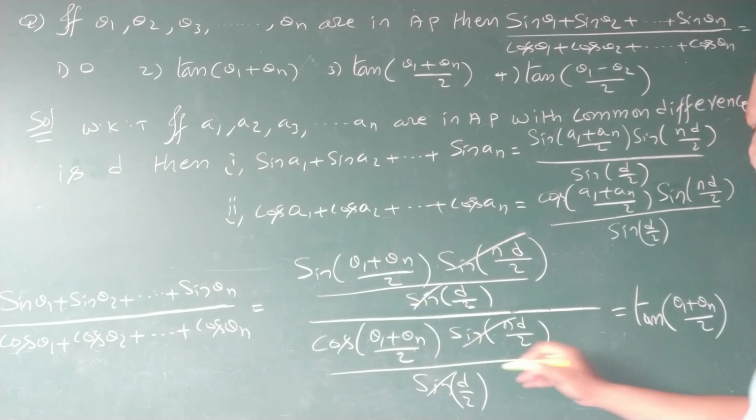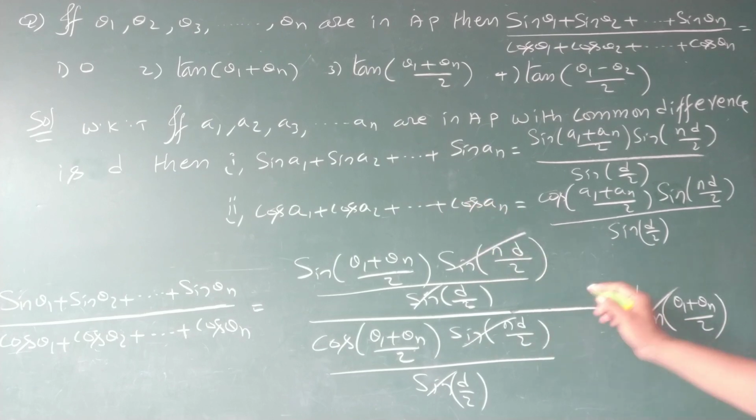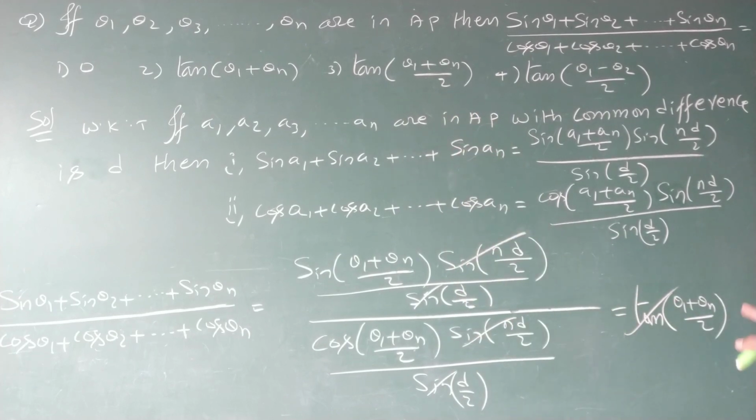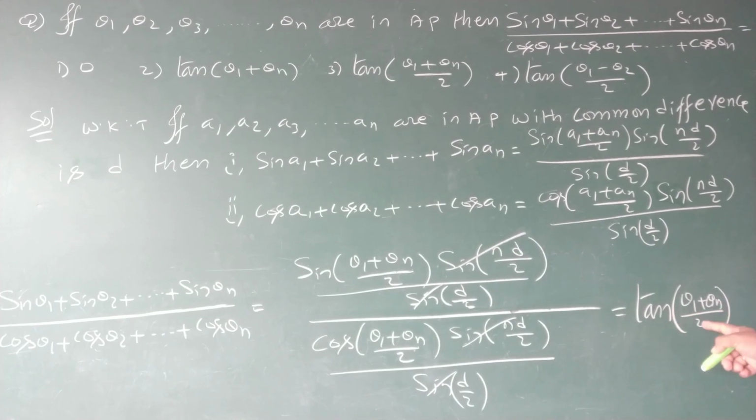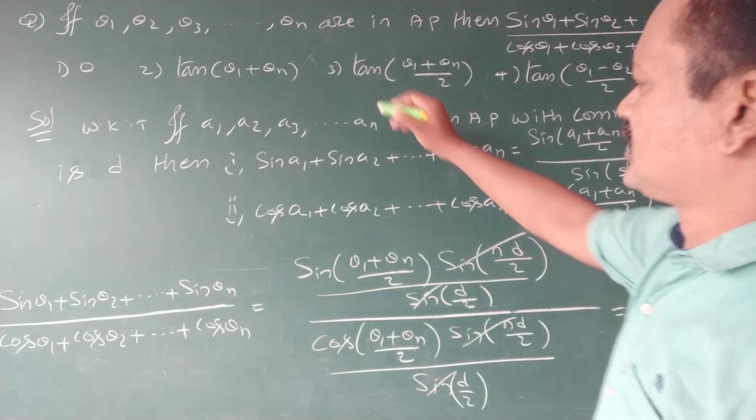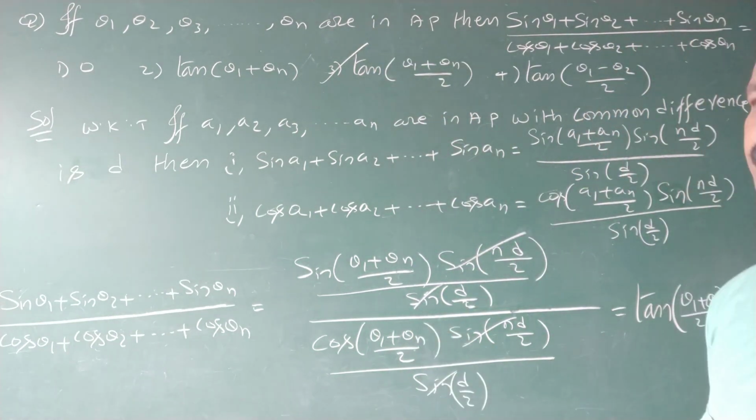Now sin by cos is tan. That's why tan((θ1 plus θn)/2). That is in the third option. That's all, this is the solution for this question.